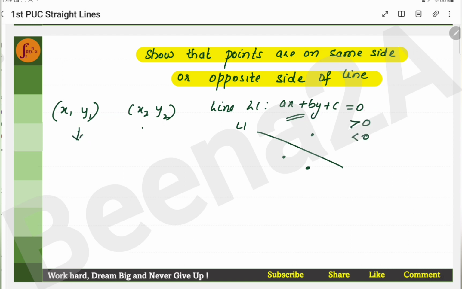If you put one point and you get greater than 0 and you substitute another point and you get less than 0, then they are on opposite sides. But if you put both points in this line and you get both the same, either greater than 0 or less than 0, then they are on the same side.